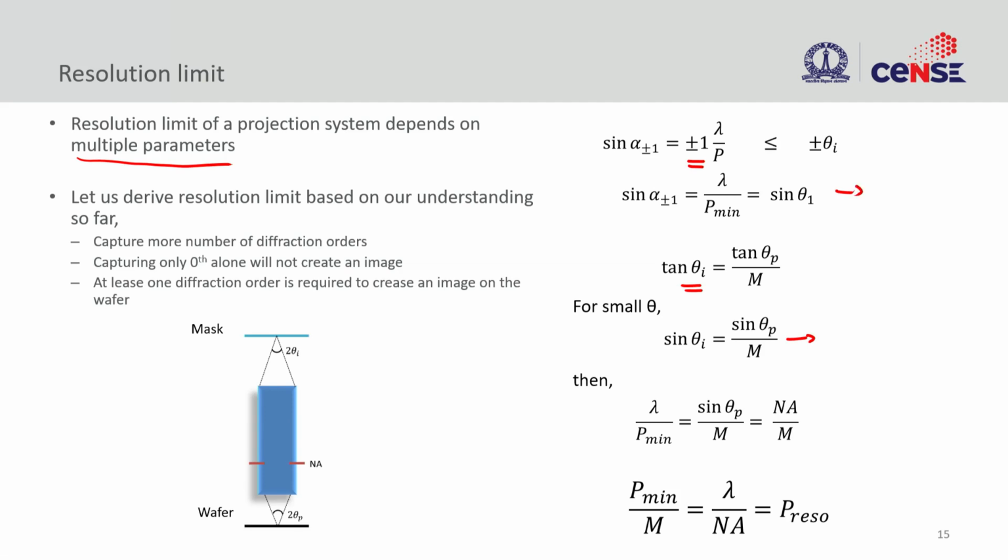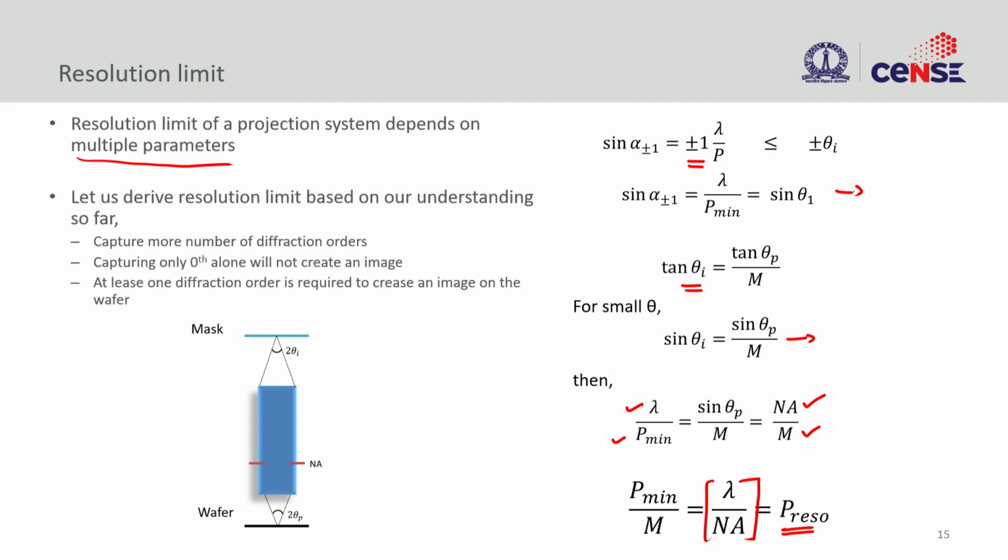That will end up with an equation that relates your lambda and pitch to your illuminating optics NA and your magnification, and this is something very familiar. So the minimum pitch that you can get, over the magnification, is nothing but lambda over NA, which is called our resolution limit. This should ring a bell because lambda over NA is nothing but your diffraction limit. So now we have arrived at this relation in a completely different way compared to traditional optics.